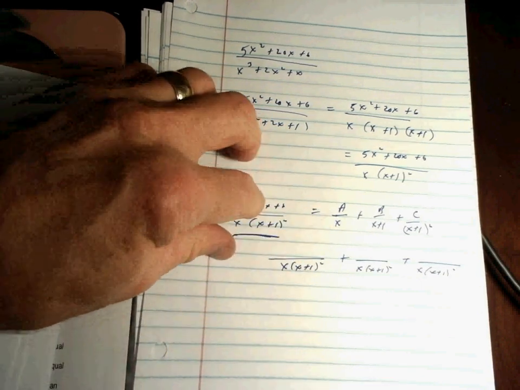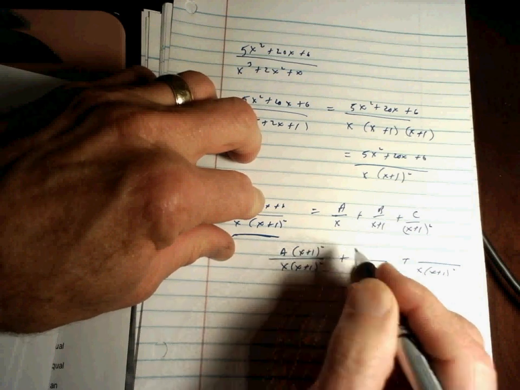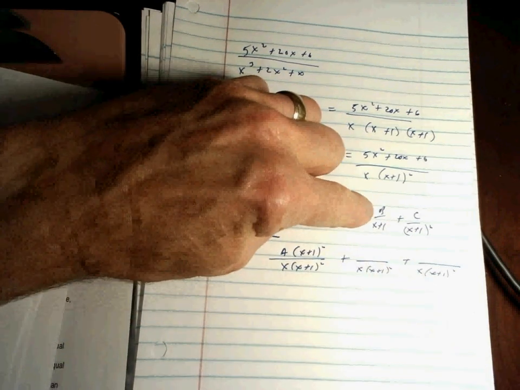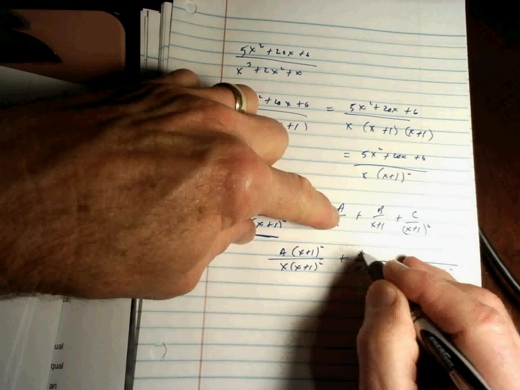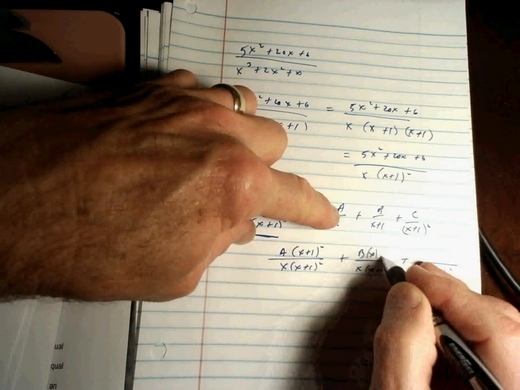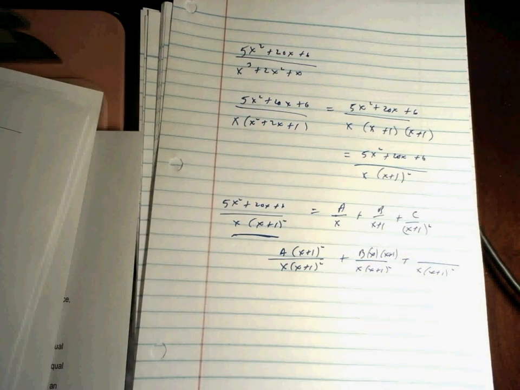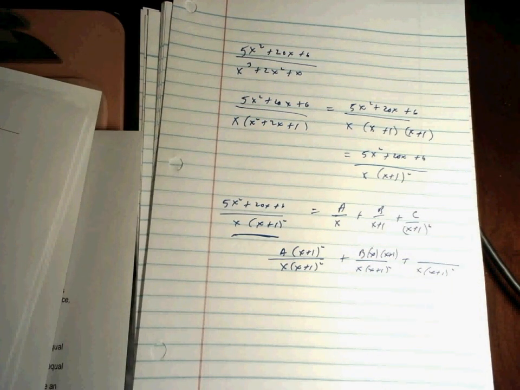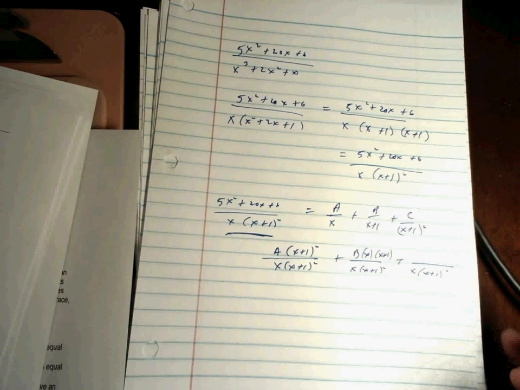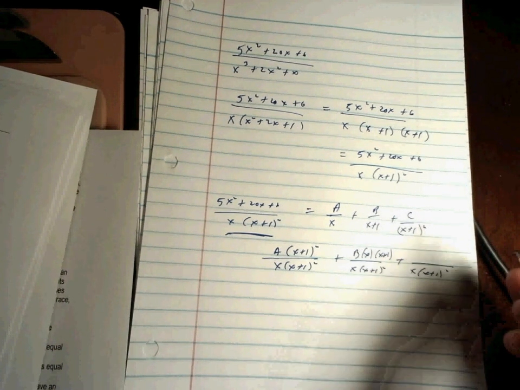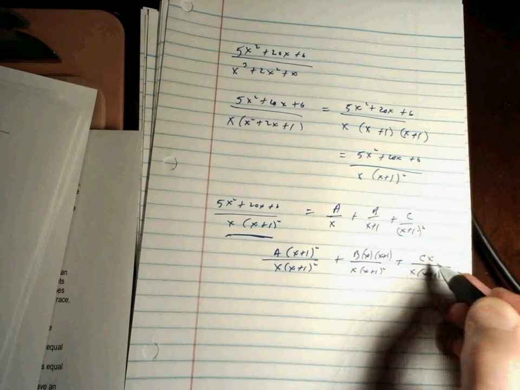To go from this fraction to this fraction, hopefully you see that I have multiplied both top and bottom by x plus 1 all squared. And to go from this fraction to this fraction, I have to multiply the b by a single x and an x plus 1. And then if I do the c one, I'll have to multiply both top and bottom by x to be equivalent to this fraction.